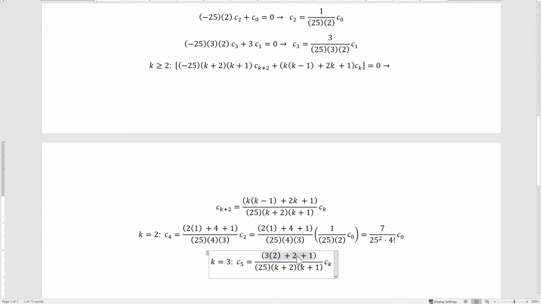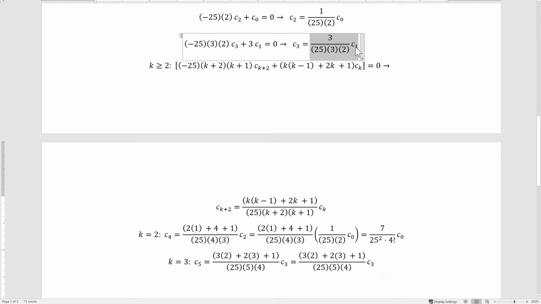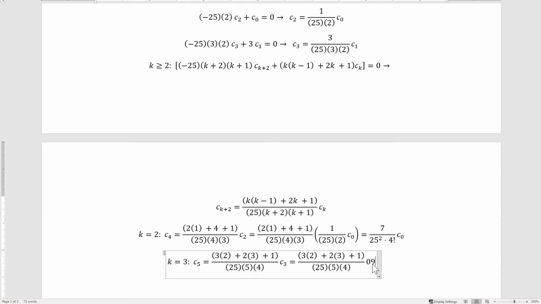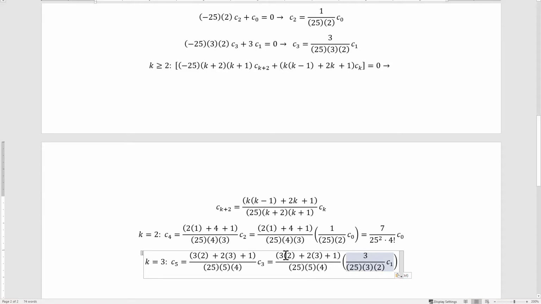This is times 3. 3 plus 2 is 5. 3 plus 1 is 4. And this is a 3 as well. And so C sub 3, we have a value for C sub 3. That's something in terms of C sub 1.